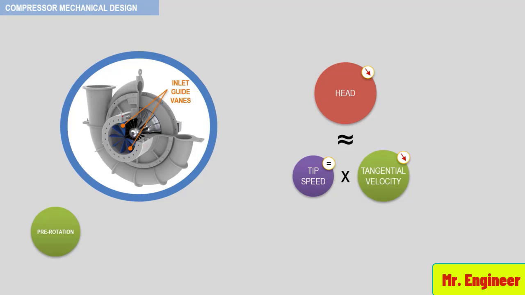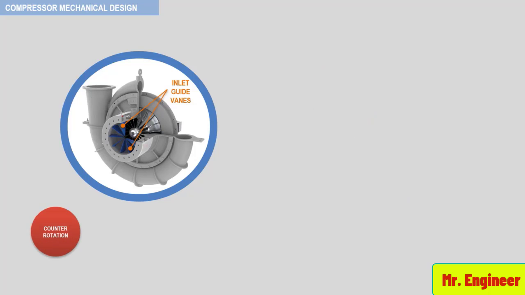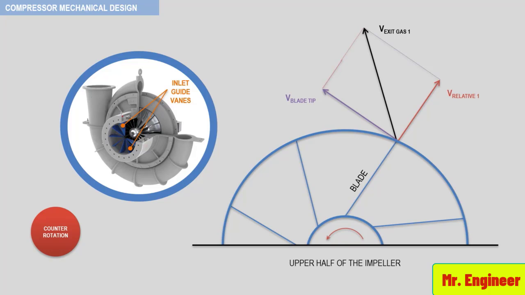To help you better understand this concept, let's first examine the counter-rotation case using our impeller schematic with the two vectors acting on the gas as it exits the impeller. In case of counter-rotation of the inlet guide vanes, the velocity relative to the blades will be reduced, as depicted here. This results in a new exit gas velocity.